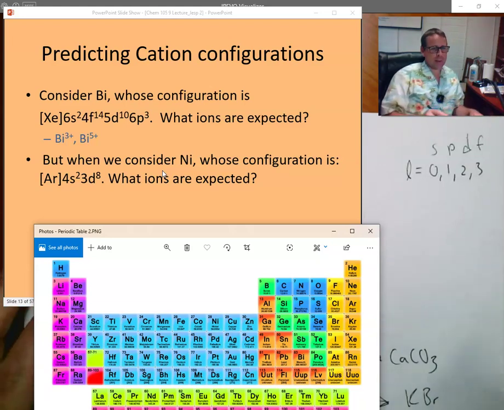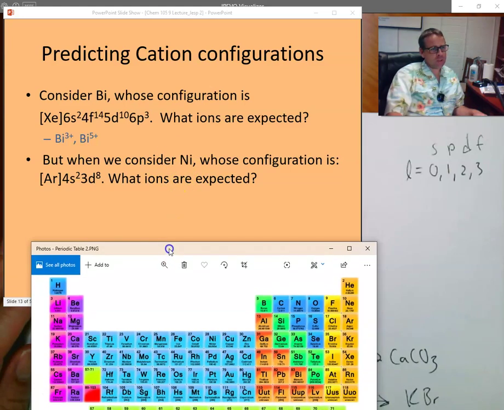What kind of an ion? A +2? Yeah, that's right. Nickel will form a +2 charge. And what does it have to do to form that, Nikki? It loses the 4s2.